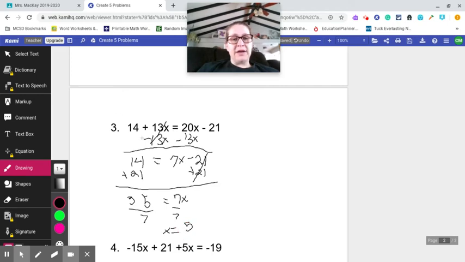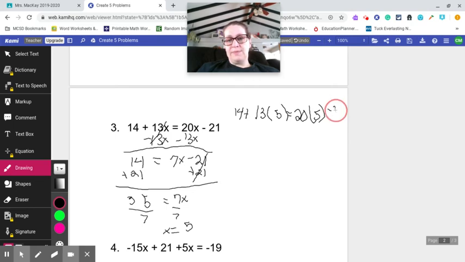Okay, I'm going to go back to my original equation. Everywhere I have an x, I'm going to substitute in a 5. So 14 plus 13 times 5 equals 20 times 5 minus 21.